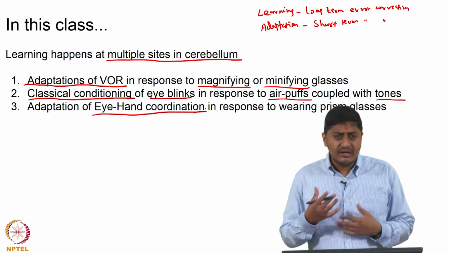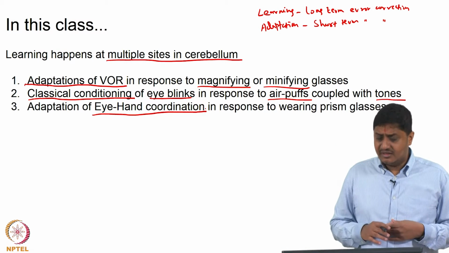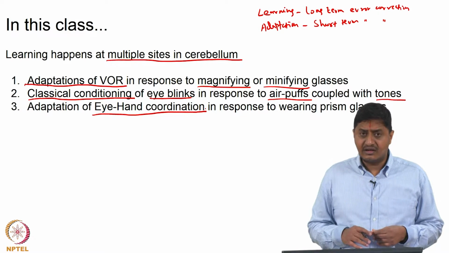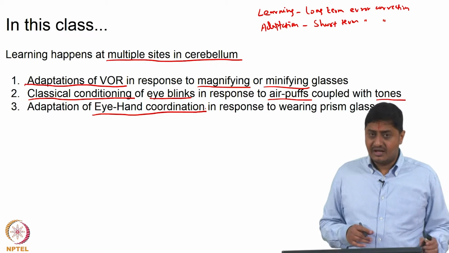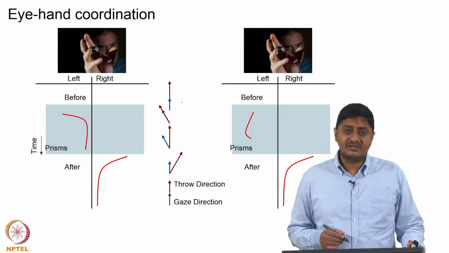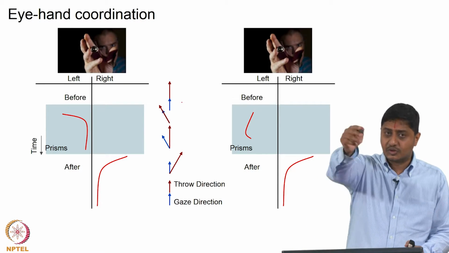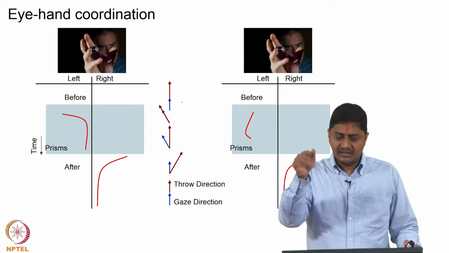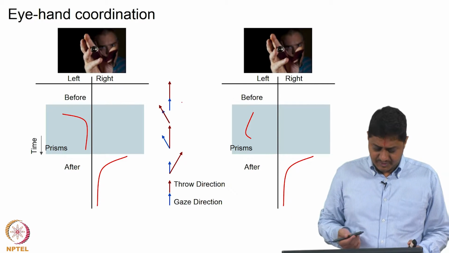Then eye hand coordination in our voluntary arm movements in response to wearing prism glasses. Suppose a person is wearing a prism glass and the task is the following: there is a dot and I have to throw the dart at the dartboard as usual.